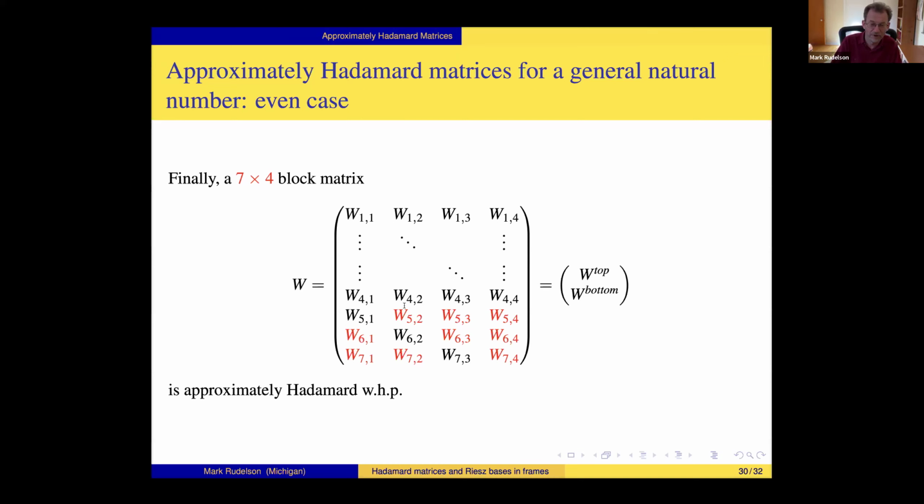So the purely random part, the red part, is indeed small.